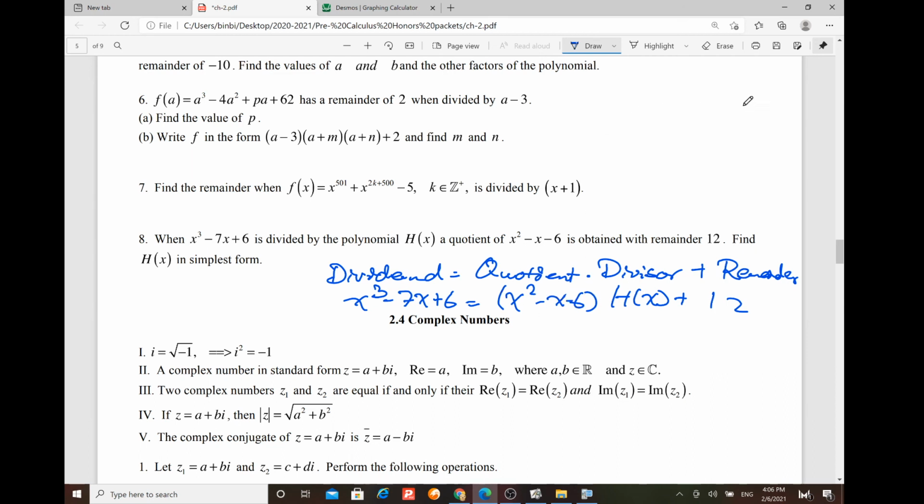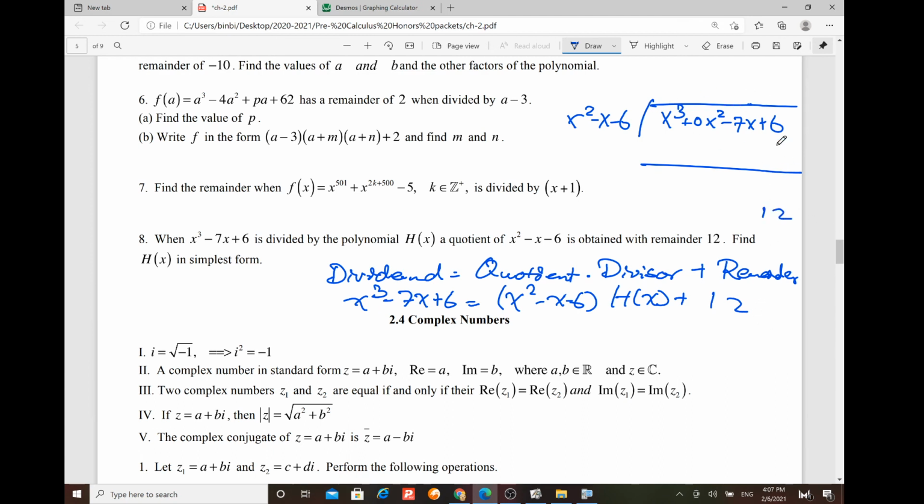So by performing the long division, x cubed, probably want to put in a 0 here for the missing quadratic term, minus 7x plus 6 divided by x squared minus x minus 6. And it's still the same remainder, 12.